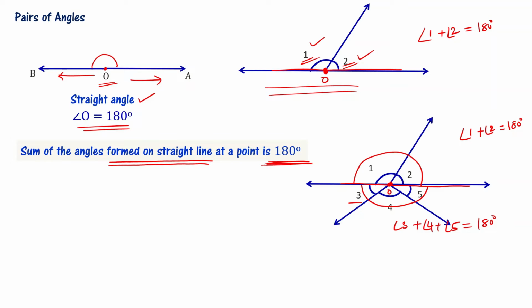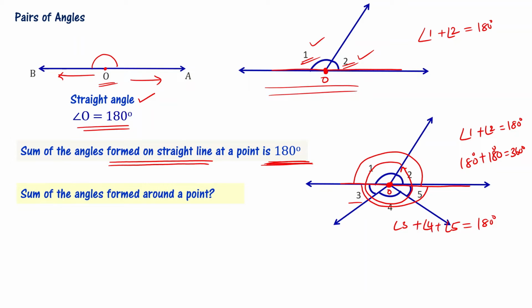These three angles put together, their sum is going to be 180 degrees. Now, if you take the sum of the whole of the angles around the point, then you have 180 plus 180, that is equal to 360 degrees, right?